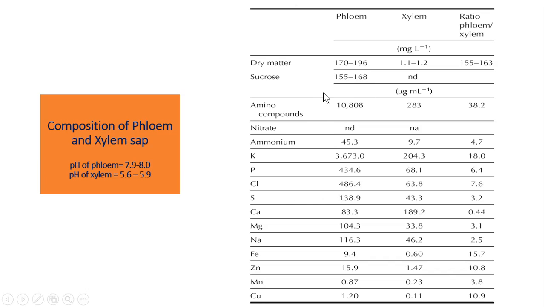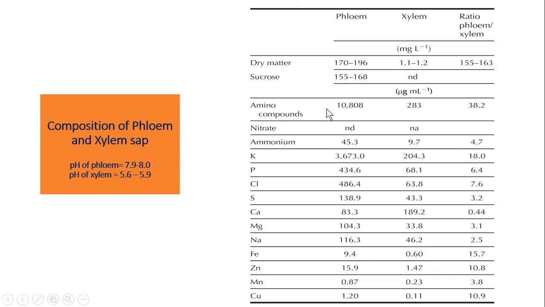If we look at the sucrose concentration, the concentration of sucrose in the phloem is 145 to 168 milligram per liter, which is not found in the xylem. You may find some, but organic compounds are not present in much quantity in the xylem sap.